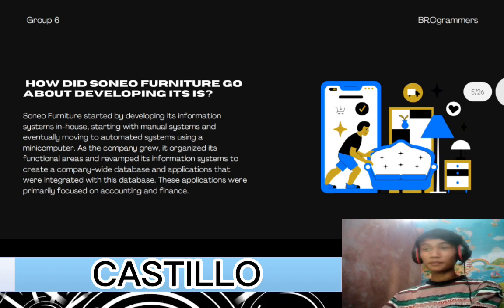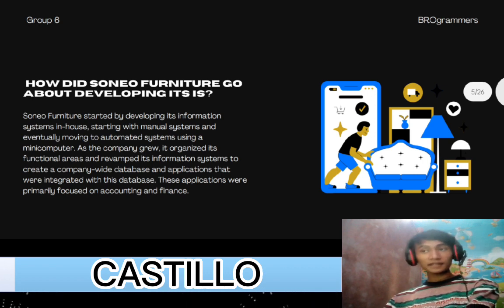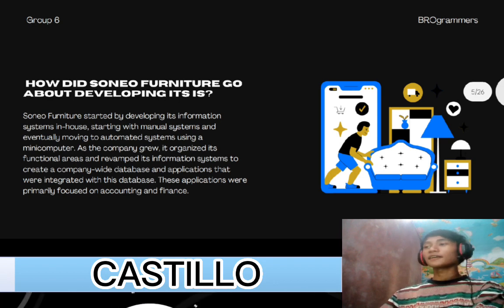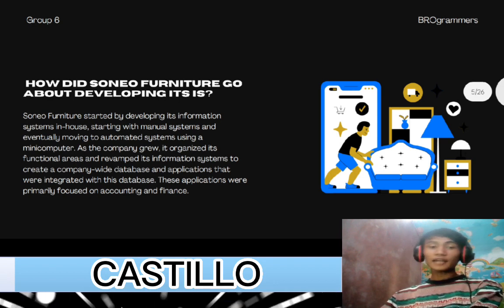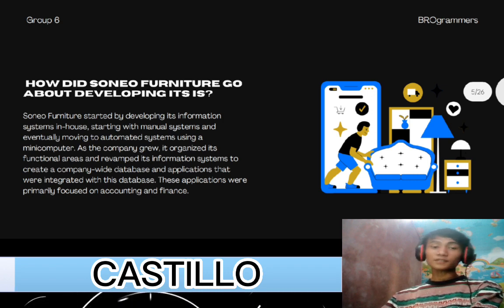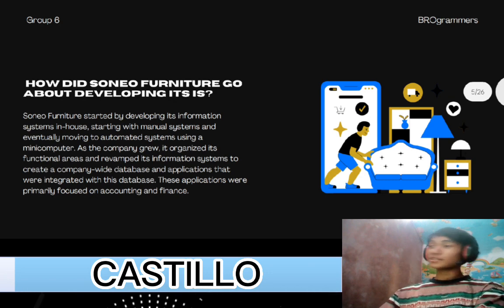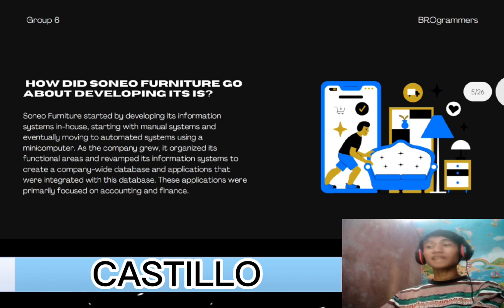This can also be more cost-effective in the long run, as the company does not need to pay for licensing fees or rely on external vendors for support and maintenance. Additionally, hiring new information system staff as needed allows the company to have a dedicated team focused on improving and maintaining the system. That's all. Thank you.